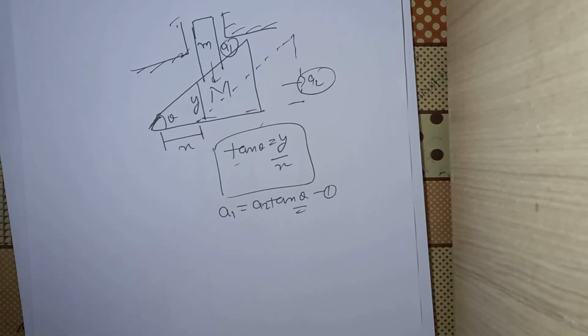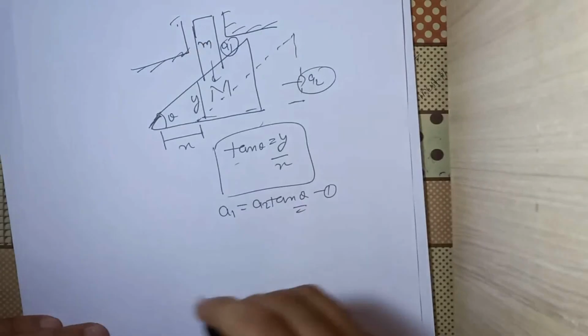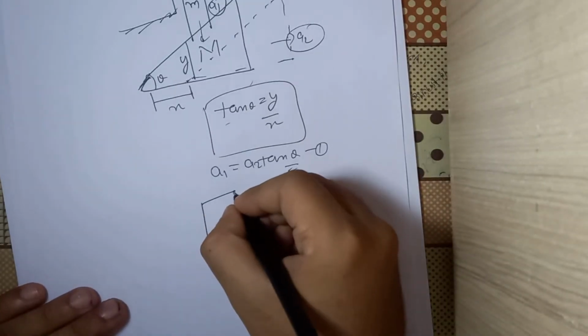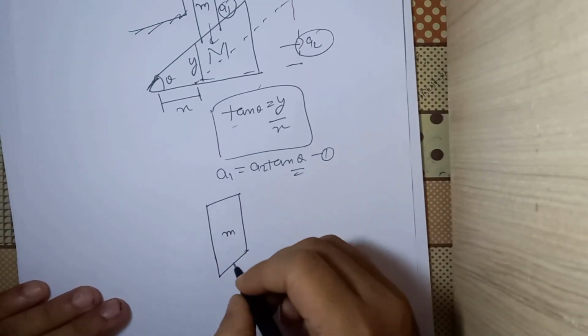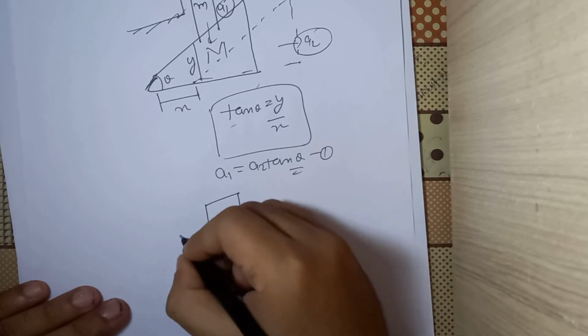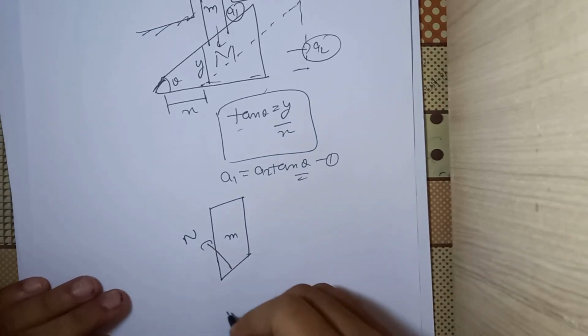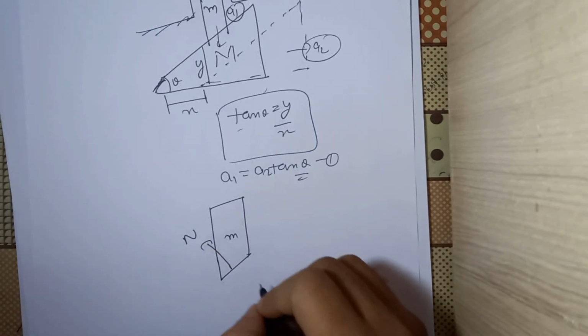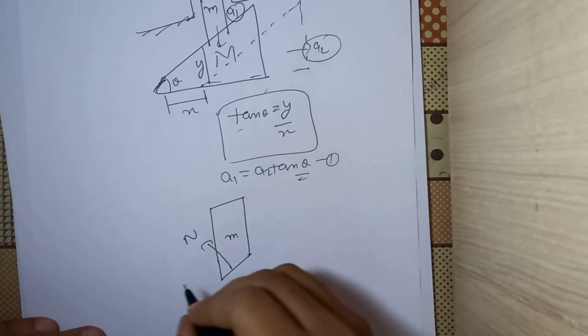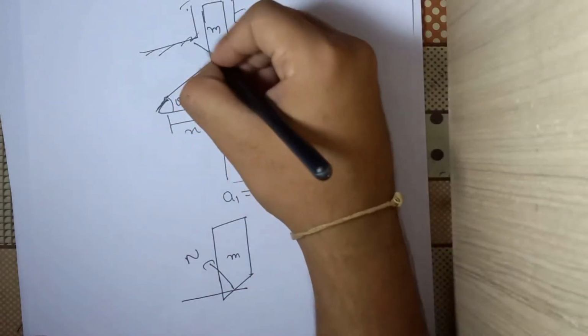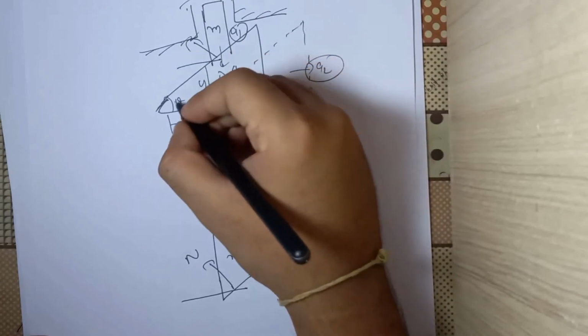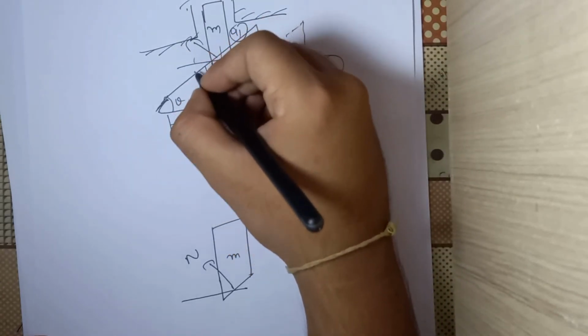For the equation of motion for this m, you can draw it like this. This is m. There will be a normal force on this, and that normal force makes an angle theta, so this is theta and this is 90 minus theta.